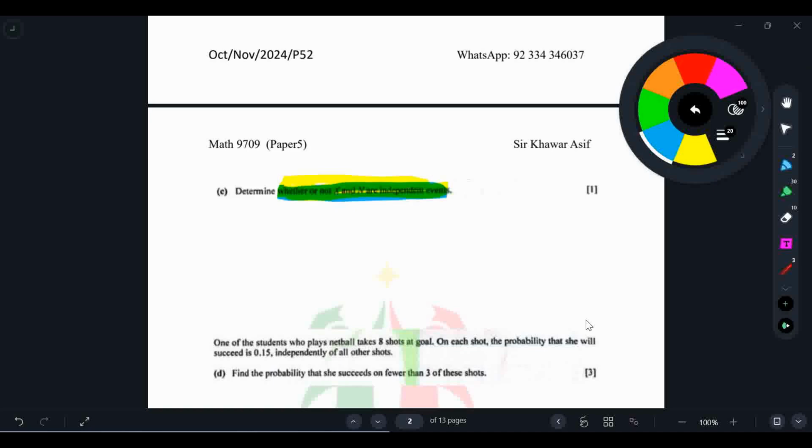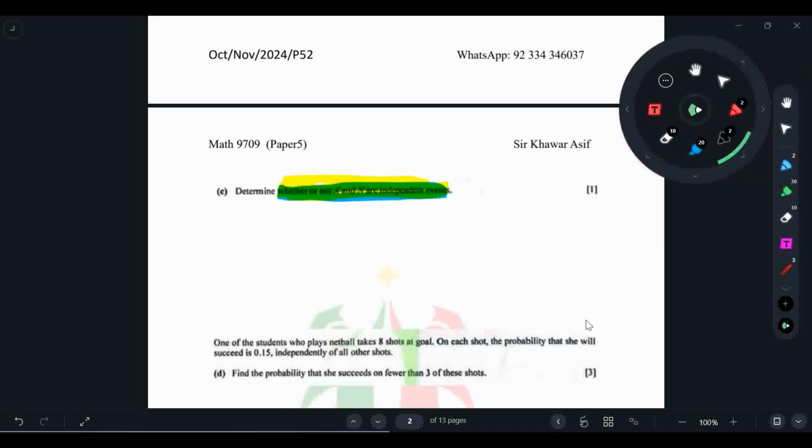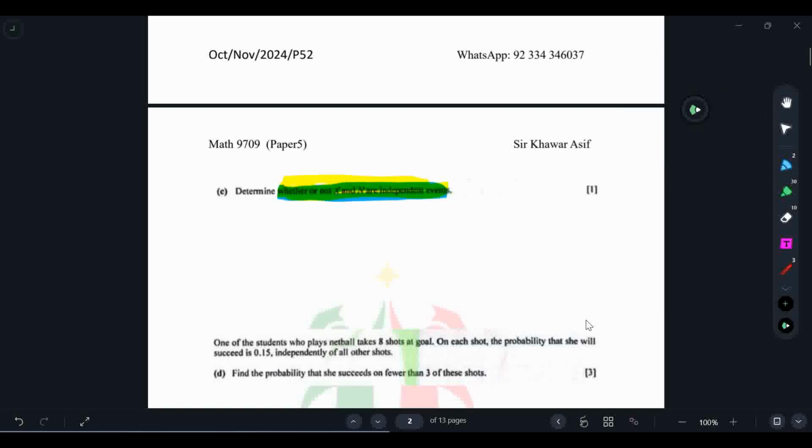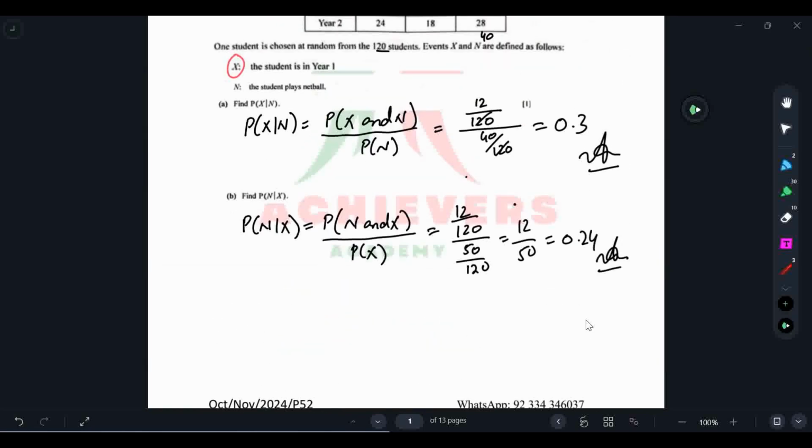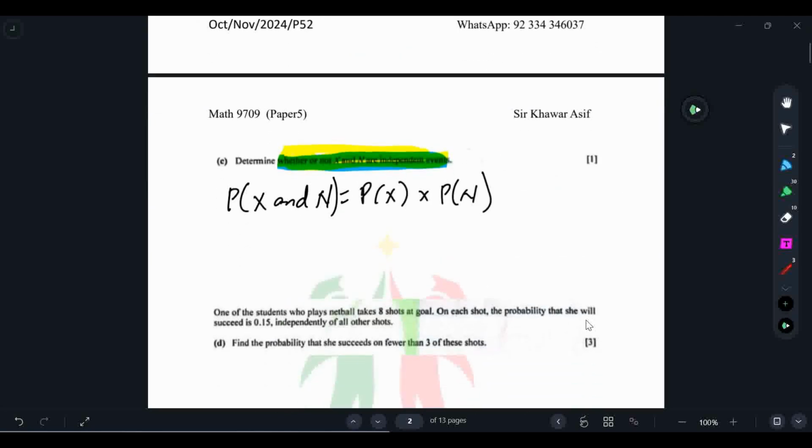For independent events, we need to see that probability of X and N is equal to probability of X multiplied by probability of N. We know that probability of X and N will be 12 by 120.